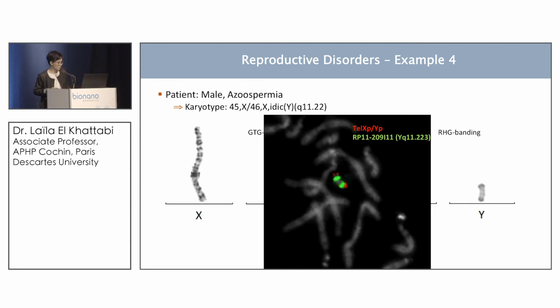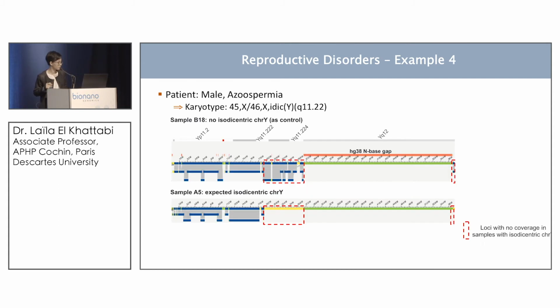It's not always easy, that's why these technologies could be helpful. This is a FISH result to confirm: a YP telomere with some signal on the YQ.